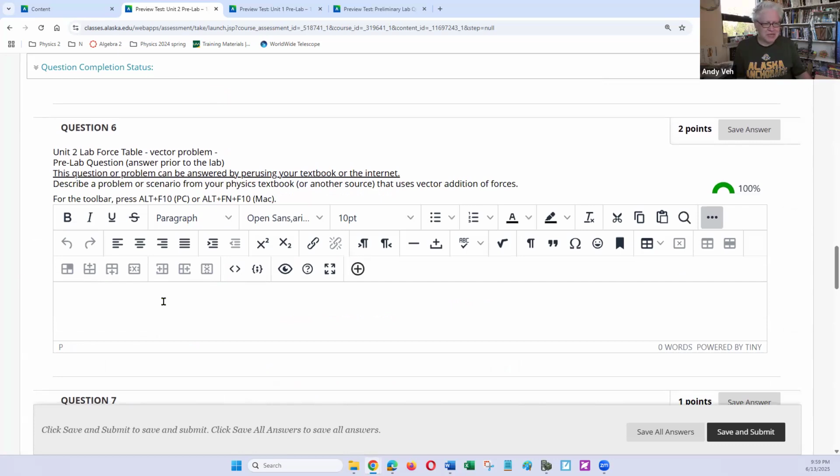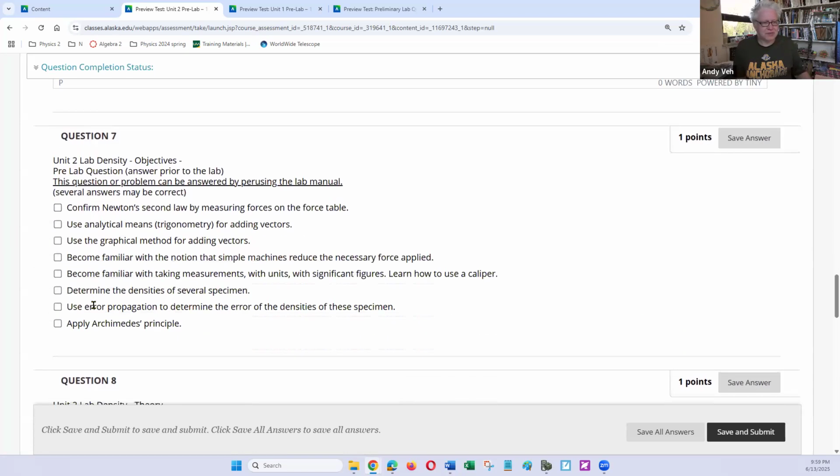Let's see here, make up a vector problem. I'll let you do that for forces. So you have to look at those chapters in the book, online, some kind of vector problem that involves a real situation where you add force vectors.